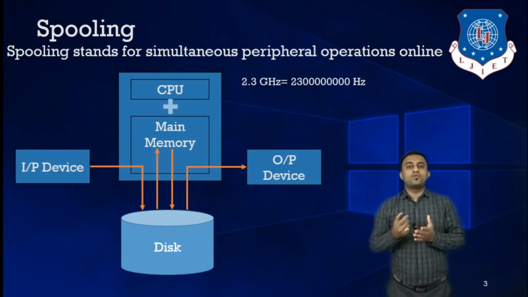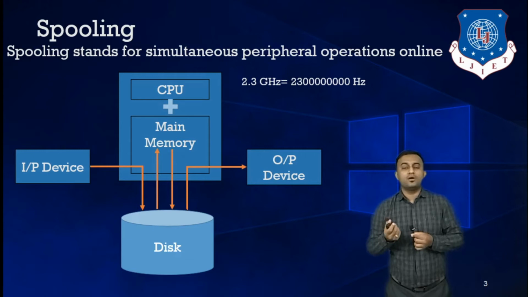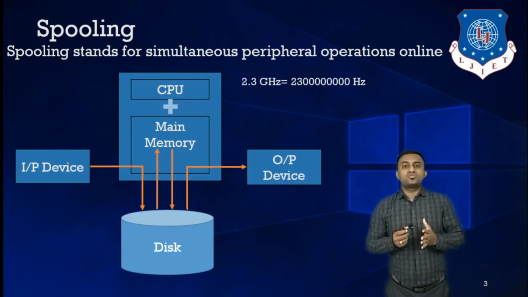If you want to convert into hertz, hertz is nothing but the unit of frequency. So per unit time, in a single second, how many clock cycles will be there in the case of 2.3 gigahertz? If you convert 2.3 gigahertz into hertz, around 230 crore hertz would be there.